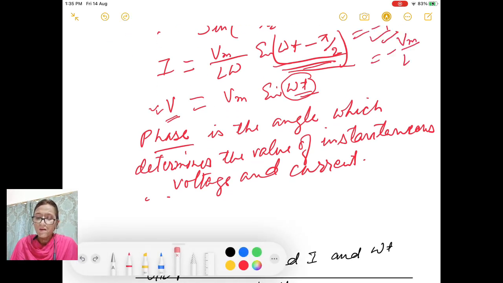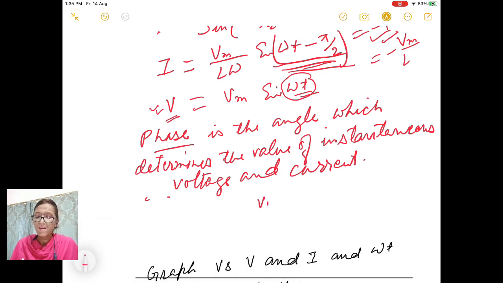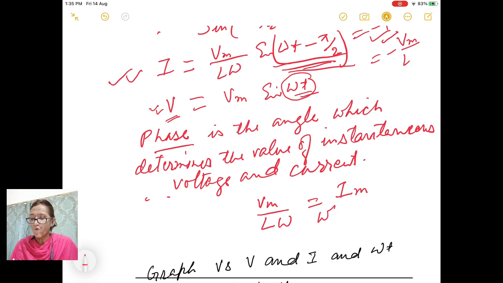Now, here this quantity Vm upon L omega in this equation can be written as Im, where Im is equal to current amplitude.